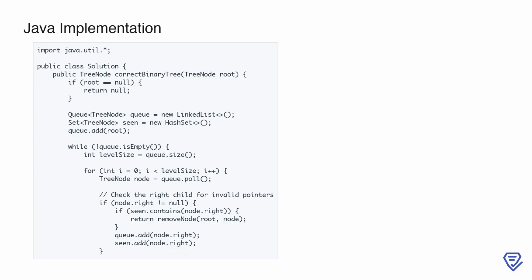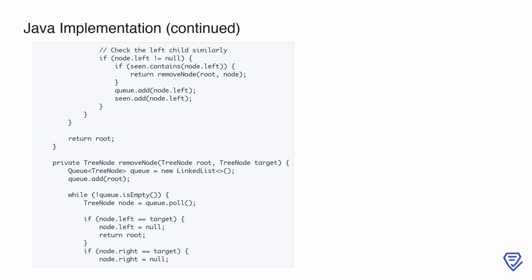Otherwise, we add the right child to the queue and mark it as seen by adding it to our set. Now, we perform a similar check for the left child of the current node. If the left child has already been seen, this means we've encountered another invalid pointer, and we again call the removeNode method to fix the tree. If the left child is valid, we add it to the queue for further processing and mark it as visited by adding it to the set.